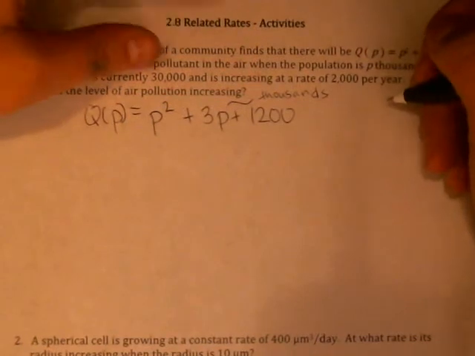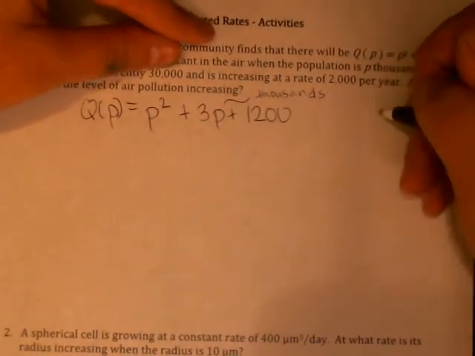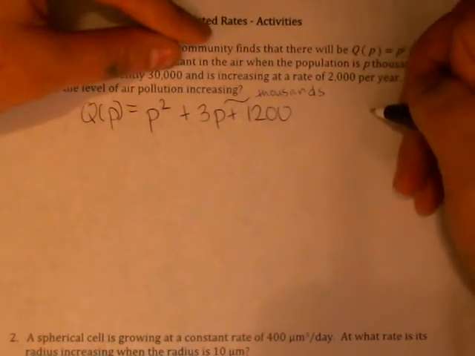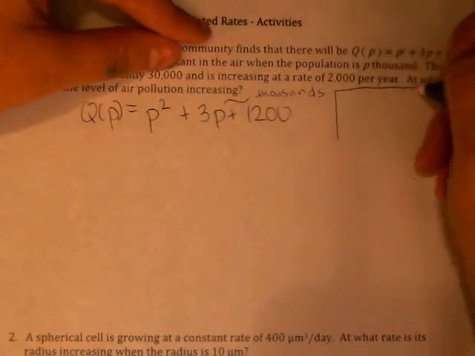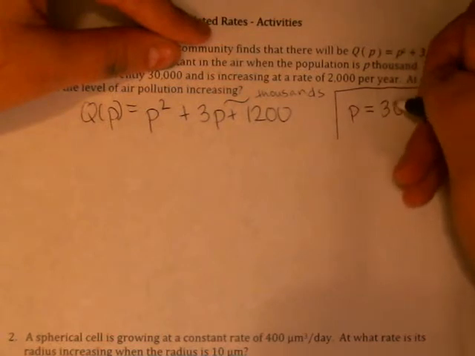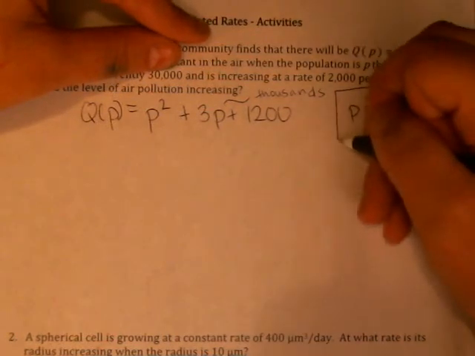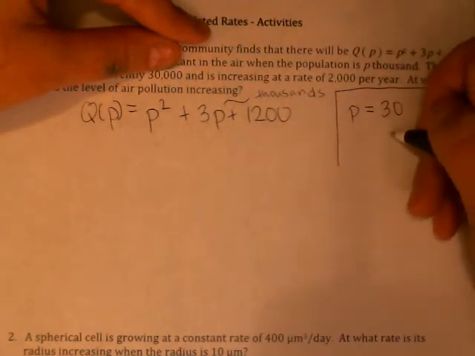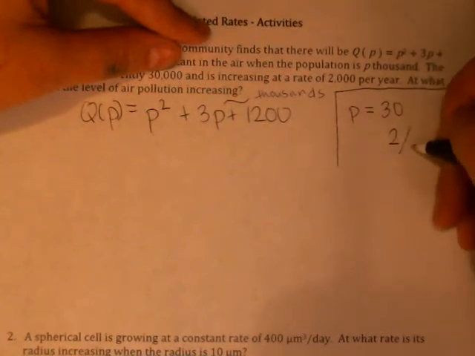Okay, so we've been given this 30,000, and that is giving us a p-value. So this is like a side note, known things. We know, remember p was in thousands, that when p equals 30, the population is increasing by 2,000 per year.